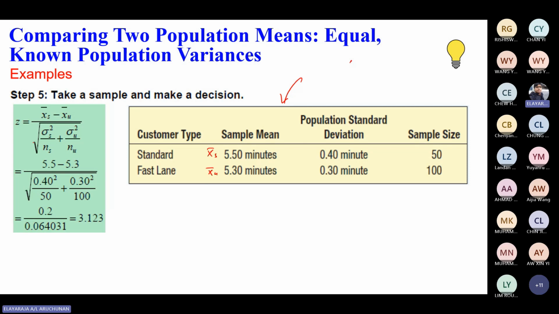Then the square root of the population variance over the number of samples in the standard checkout line, plus the variance of the fast lane over the number of samples in the fast lane.